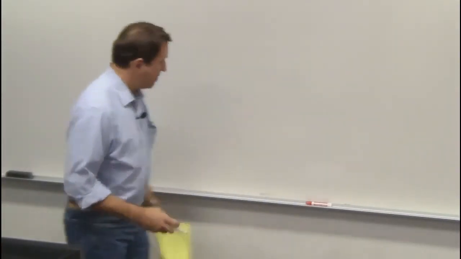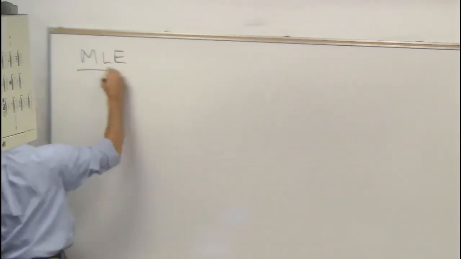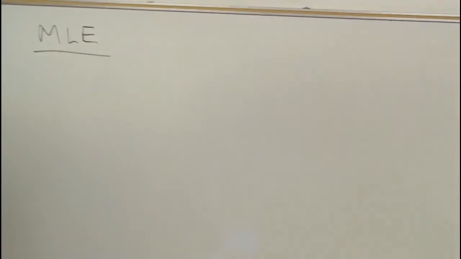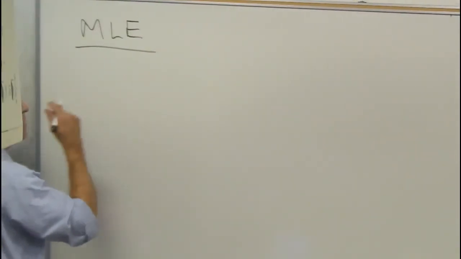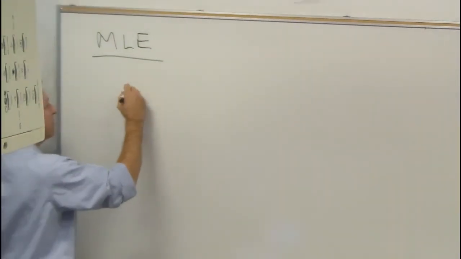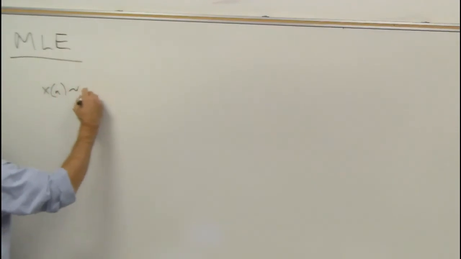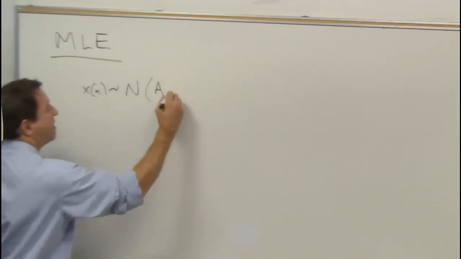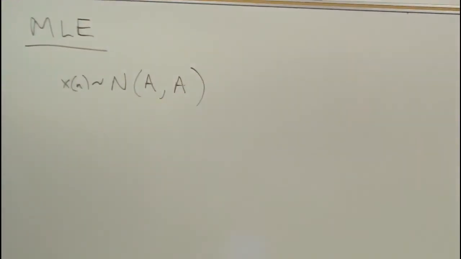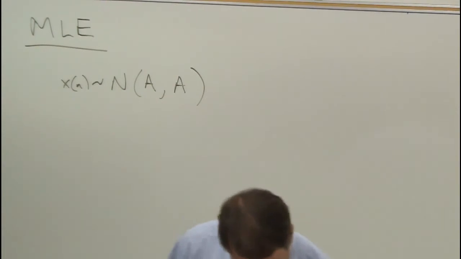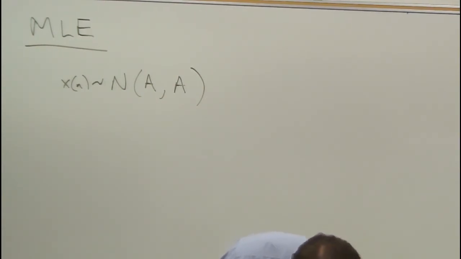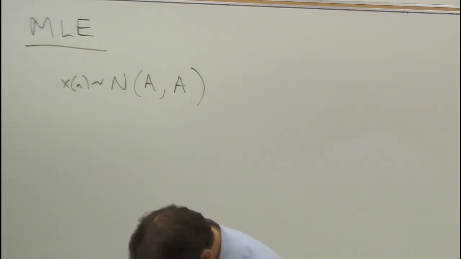All right. We're talking about maximum likelihood estimation, right? And last time we looked at this example where we had our observations x distributed as a Gaussian random variable with mean A and variance A. And what did we find?